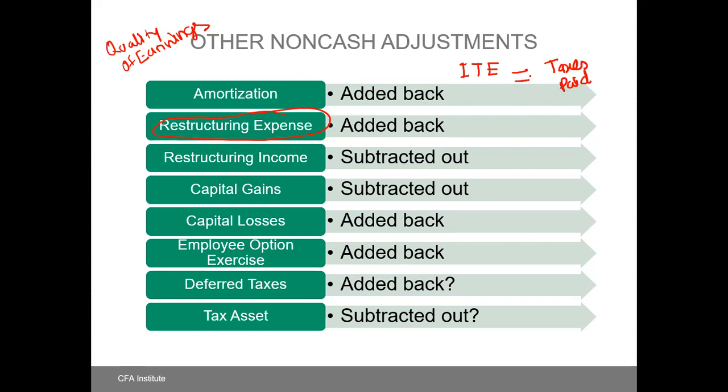If these two are equal, the income tax expenses which you see in the statement of comprehensive income and the taxes paid, then there is no presence of deferred tax assets or deferred tax liabilities. But it is very common that income tax expense is greater than the taxes paid. That means the expense I have incurred is greater than the taxes I have paid in the respective income year. So here the deferred tax liability arises.